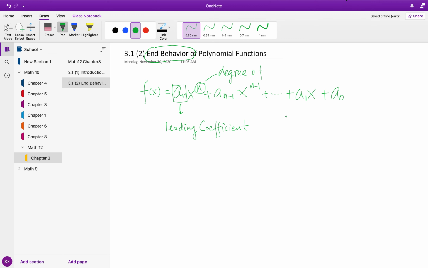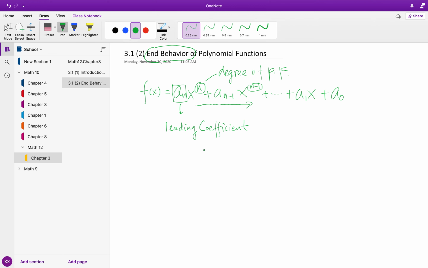So that time it said degree of the polynomial. Now it's the degree of the polynomial function, the specific function. Another thing, just as an addition: when we write out polynomial functions, we usually go by the so-called descending order of the x degree.